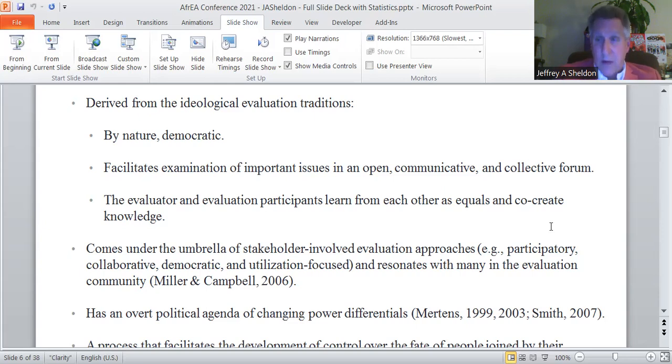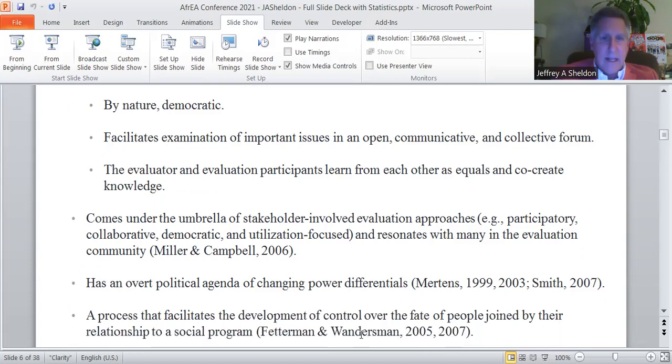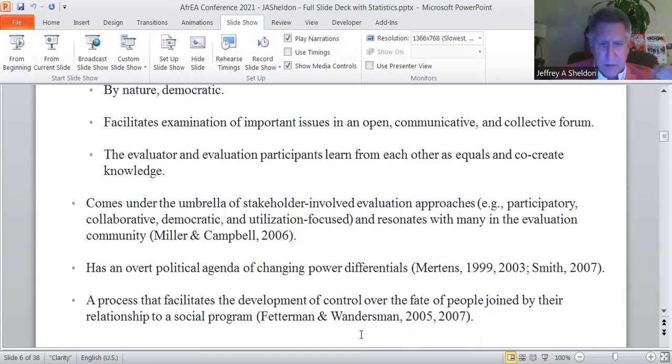So it resonates with me because of the purported outcomes of empowerment evaluation, which are empowerment and self-determination. And as I said, it does have an overt political agenda of changing power differentials. All right. So again, you're creating this collective political agency so you can change power differentials.